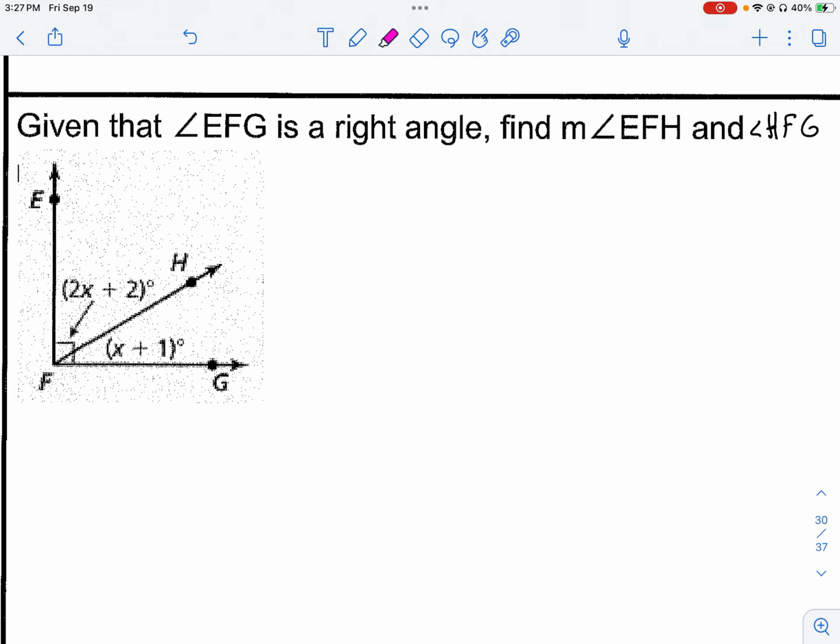All right, so angle EFG right here is a right angle. There's a little right angle box. So we know that the measure of angle EFG equals 90.